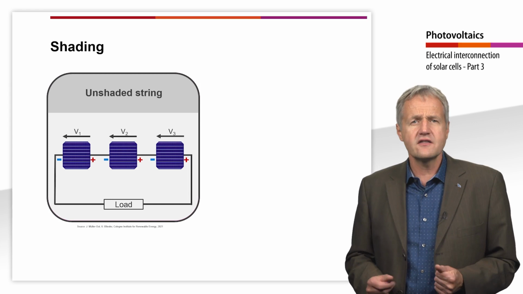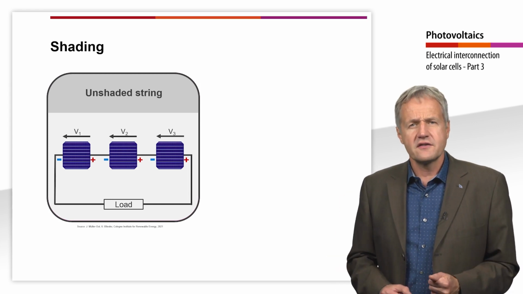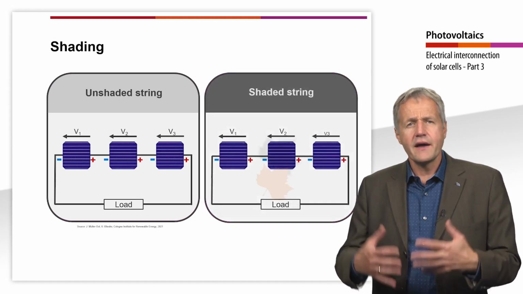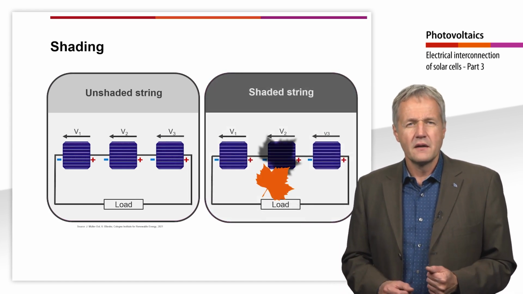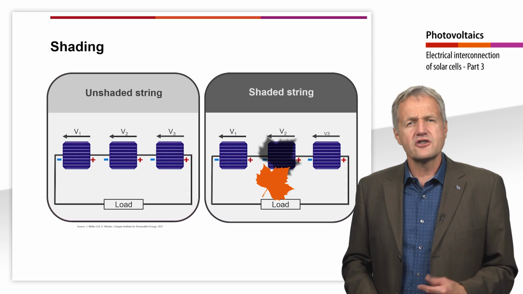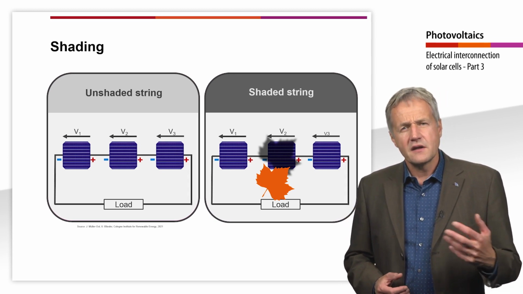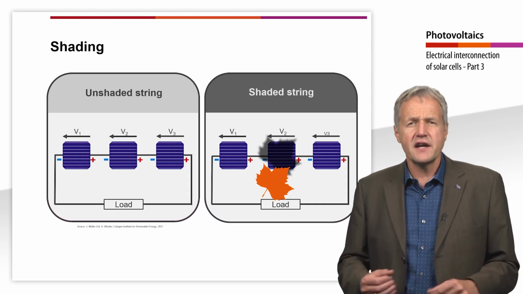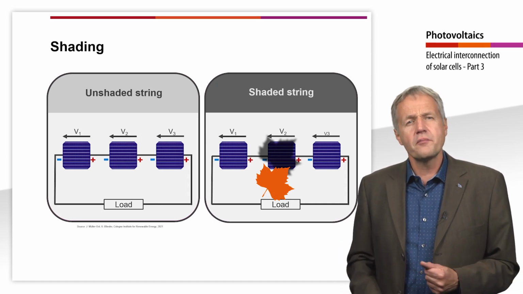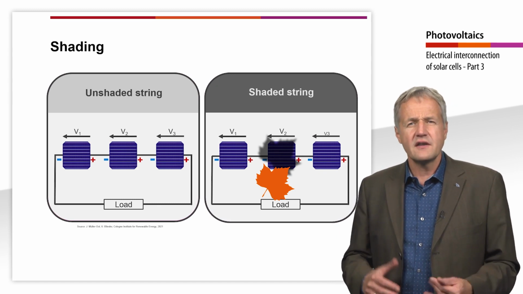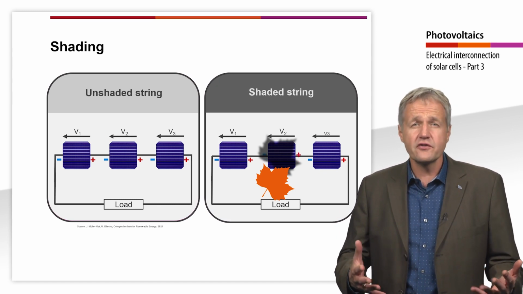For example, let's assume that one of the cells in the string is shaded by a leaf, for example. We have learned that the short circuit current is proportional to the irradiance. If the cell is completely shaded, it no longer produces any current at all. However, the other 2 solar cells continue to produce current.